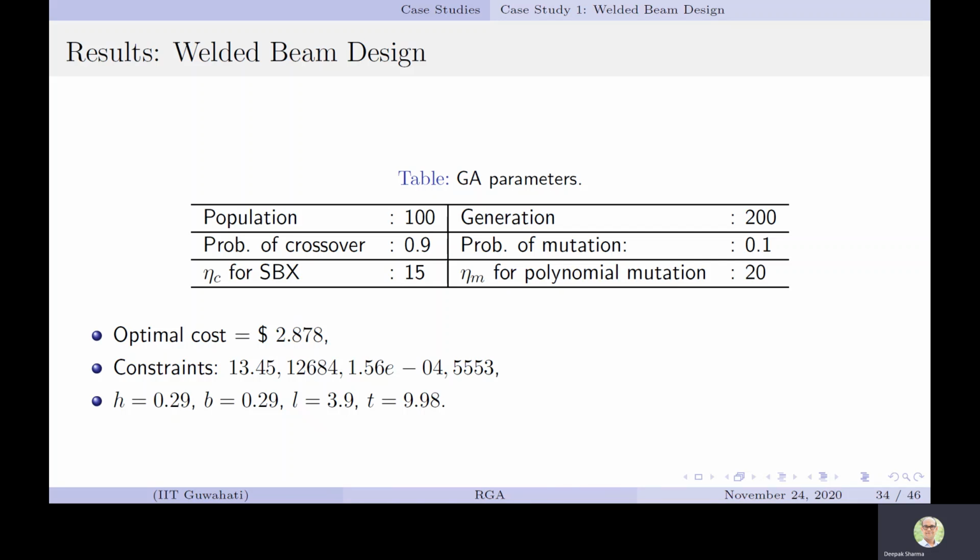As of now, this is the best solution which we found from the literature. Look at the constraint values. First constraint is 13, the second constraint is a big value, and the third constraint is 1.56 times 10 to the power minus 4. This means the third constraint is active and the rest of the constraints are inactive at the current point. What is the point? H is 0.29, B is 0.29, L is 3.9, and T is 9.98. So this is the optimal solution for the welded beam problem.